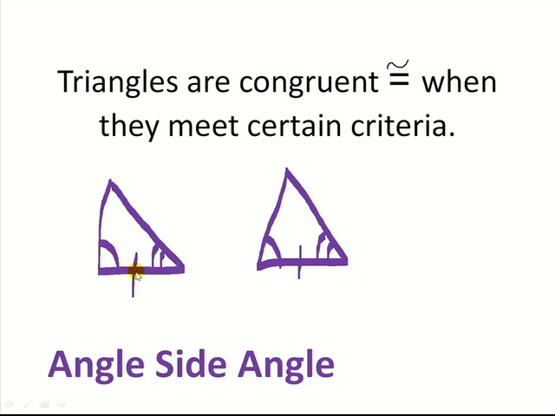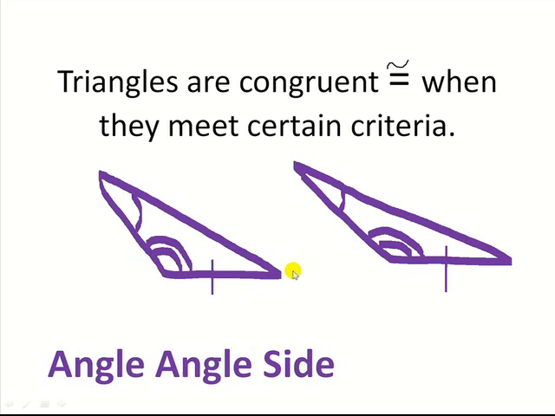Angle, side, angle is congruent to angle, side, angle when all three are congruent. Angle, angle, side: here I have an angle and a side. This is not the included side. It comes on the outside of this. And you could say side, angle, angle. So we could say side, angle, angle, and these are congruent.